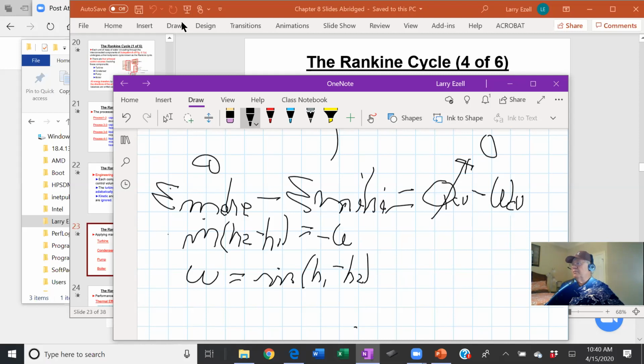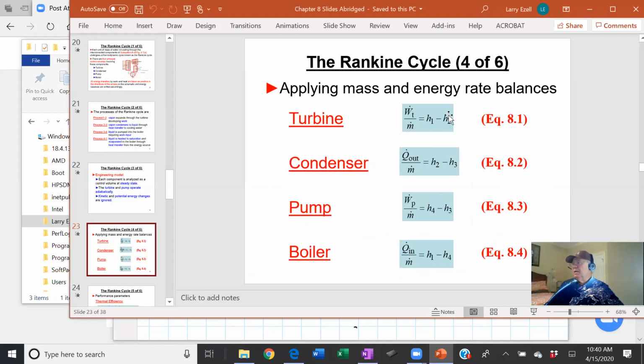So that's where he got it, and he puts his m dot, so he's getting per pound mass. So that comes out exactly right. And the boiler comes out exactly right. But for the condenser and the pump, he's got them where they come out positive, and I don't like that.